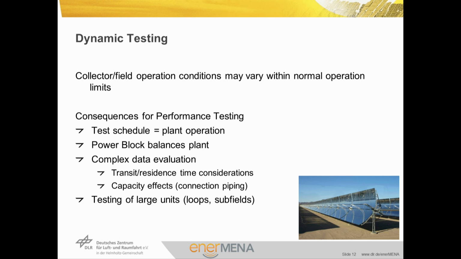Due to transients during testing, residence times are relevant and capacity effects of connection piping need to be accounted for. With the help of dynamic testing, tests of large units like collector loops or subfields that can neither be operated according to steady state nor quasi-dynamic testing conditions are possible.